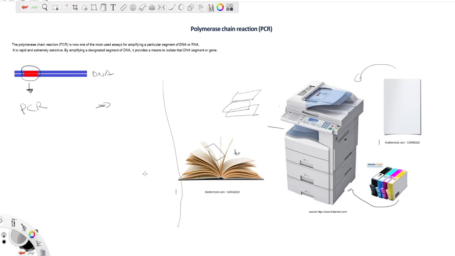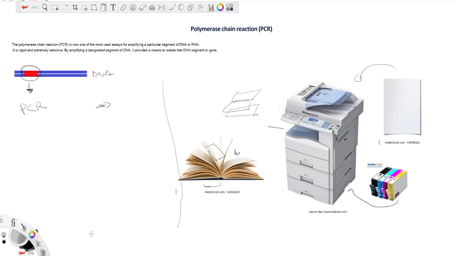So having said so, your PCR works more or less like this. You're going to have your DNA region, which is going to be like your template here, your textbook, and you submit this particular region. You tell it, okay, let's amplify this region. Then of course you need to give it something to work with, but you're not going to give it inks and blank pieces of paper.